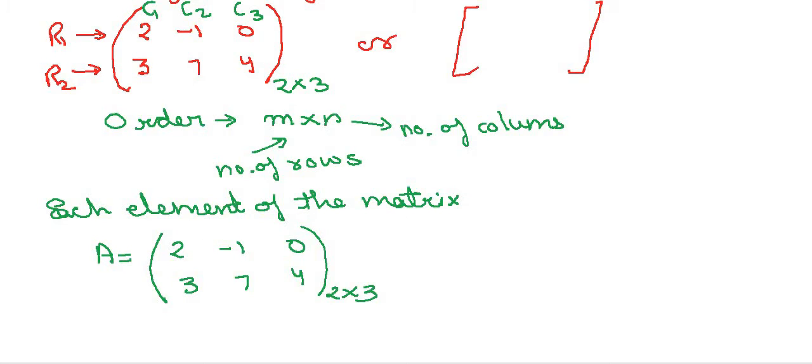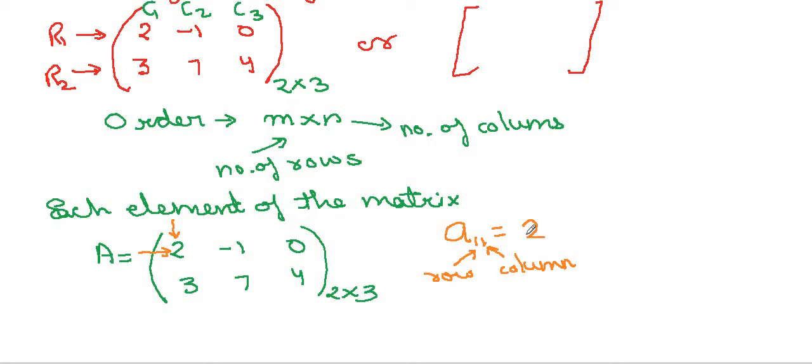For example, small a 1 1. The first number always represents the row, and the second number always represents the column. So 1 1 means the element at the intersection of first row, first column, which is 2.